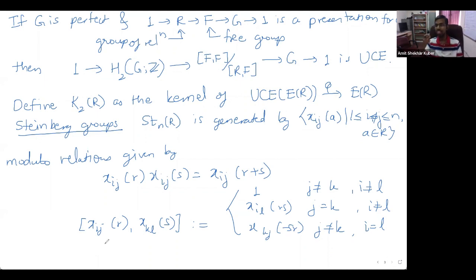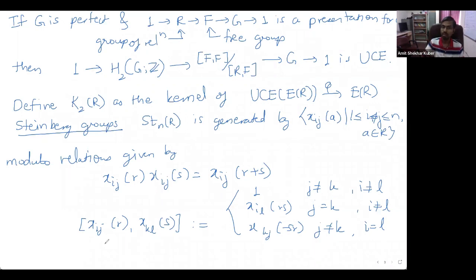With these generators, naturally we have a map from St(n, R) to E(n, R), where you send a generator xij(a) to eij(a). That's a natural surjective map. The relations are exactly identical.